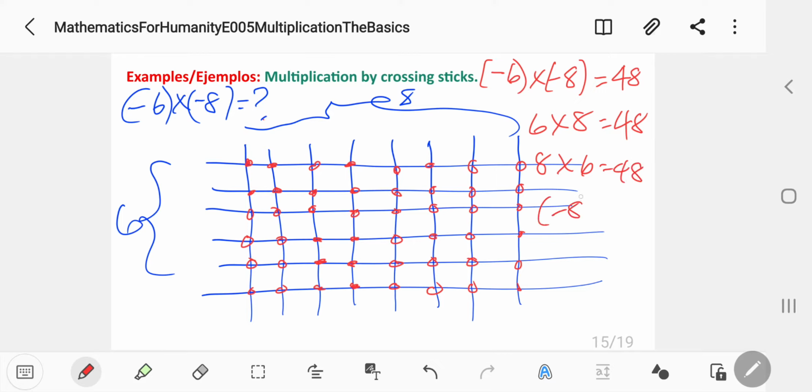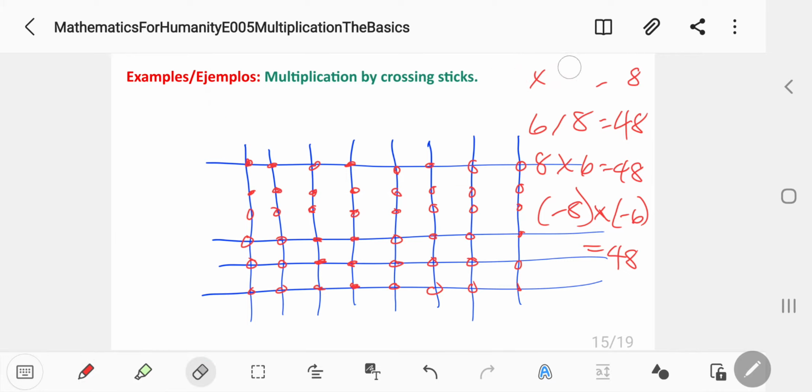Or negative 8 times negative 6 is equal to 48. So I hope you now learn that one. And again, if you do it repeatedly, you will know the process, and then you'll be a multiplication expert.